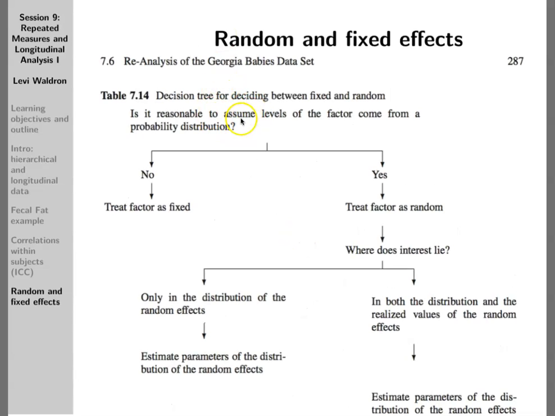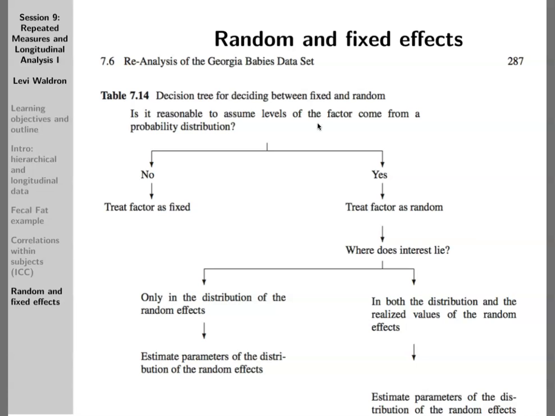So the book provides this little decision tree for deciding between fixed and random effects. I don't know how useful this tree really is, but the key thing is to ask yourself, are the levels of a factor, or is the thing that you're trying to estimate, a fixed value, or does it come from a probability distribution?